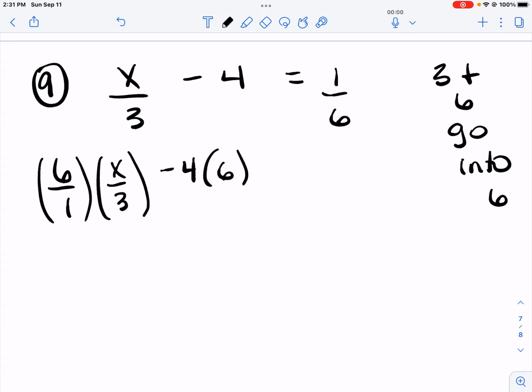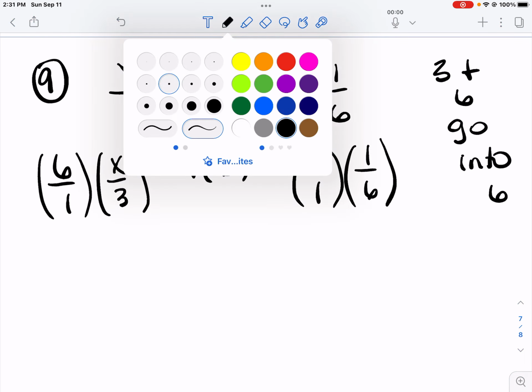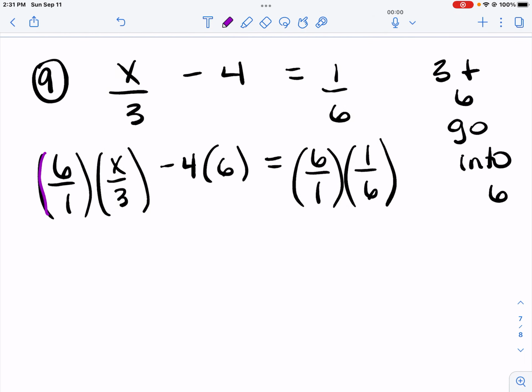Now this can get just 6 because 4 doesn't have a fraction. But I'm going to put a 6 over 1 for the other one because it is a fraction. Okay, so everything is getting a 6 times 6 times 6.